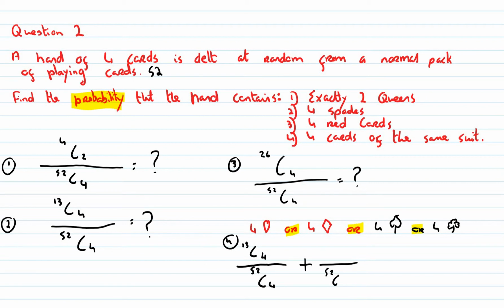Again, the number of different ways that 4 cards can be chosen from 52. And again, there are 13 diamonds, and we have to choose 4 of them. OR, and you get the gist of it, 52 choose 4. 13 spades, and we have to choose 4 of them. Plus, and lastly, there's 52 choose 4. And there's 13 clubs, and we choose 4 of them. You work that out and you'll get your answer.